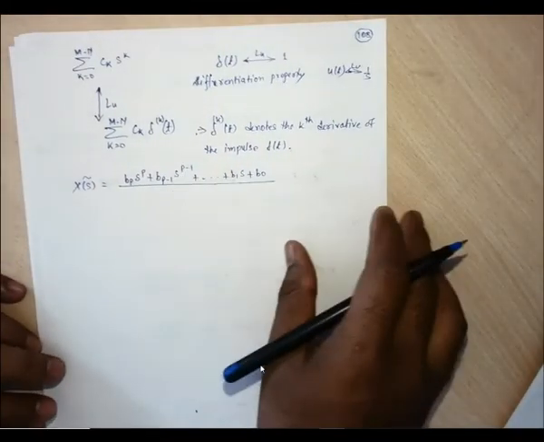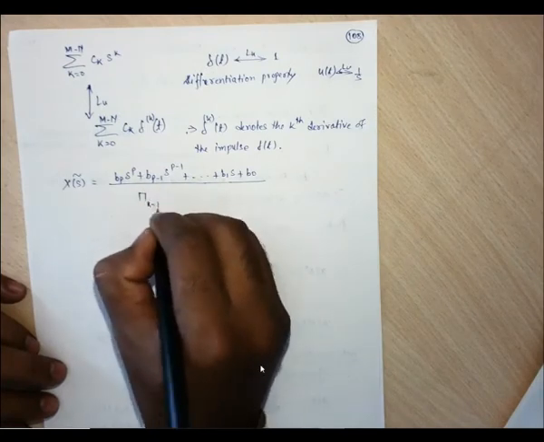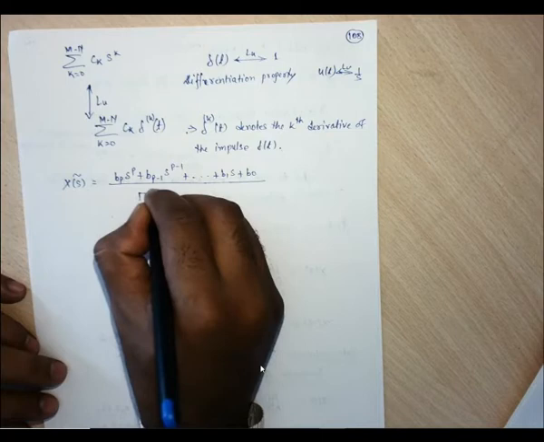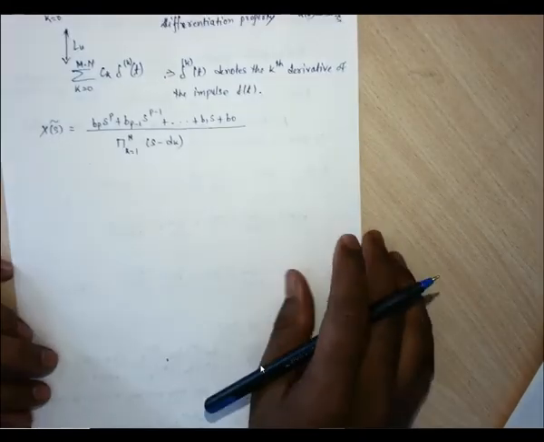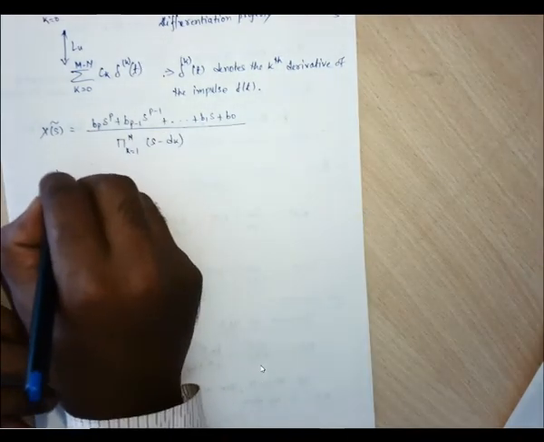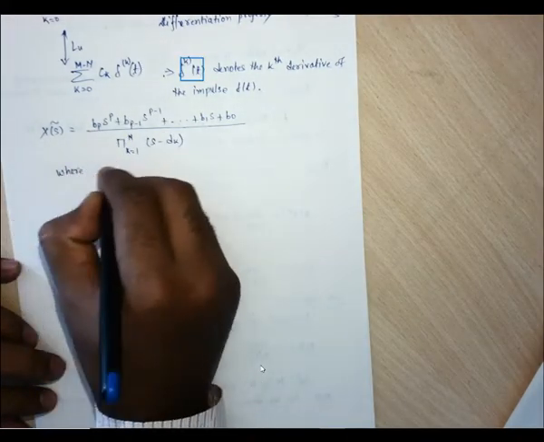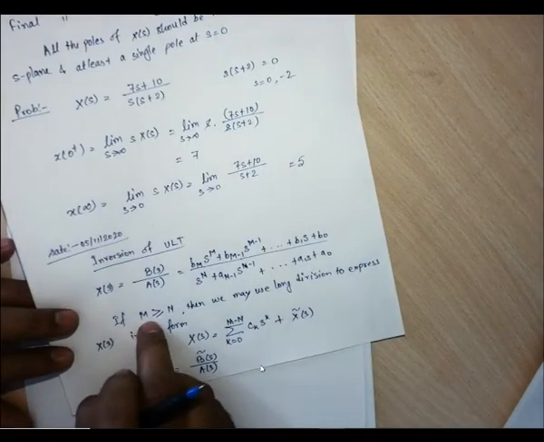So let us consider the roots, all the roots from k equals 1 to n, of s minus dk. So this order p is where p is less than n. Previously what we have seen, this m is greater than n.